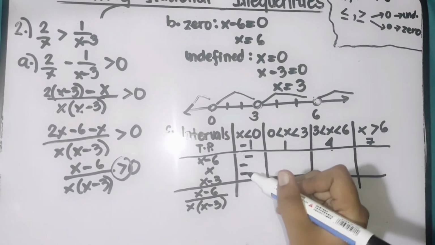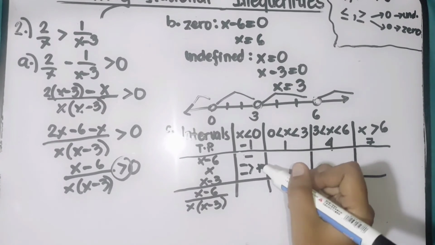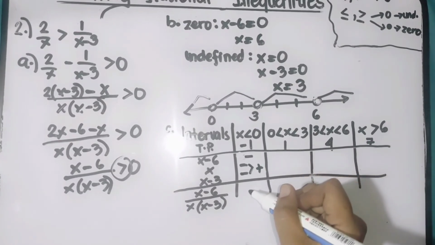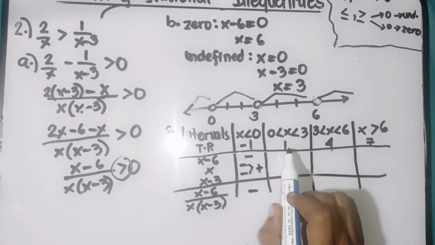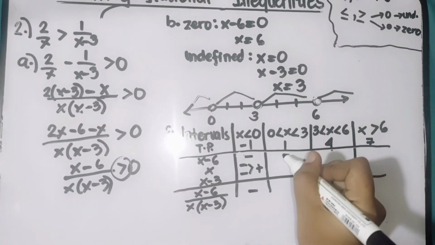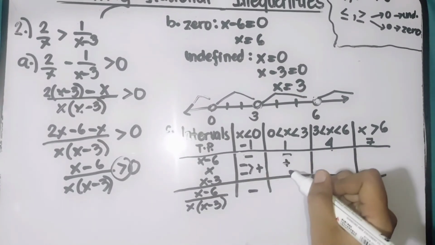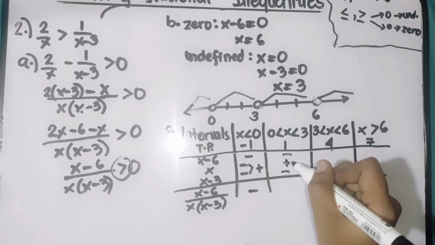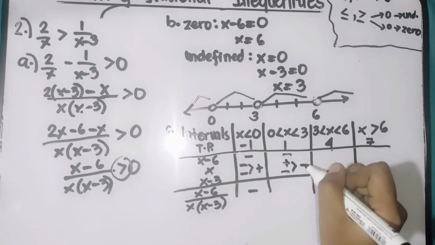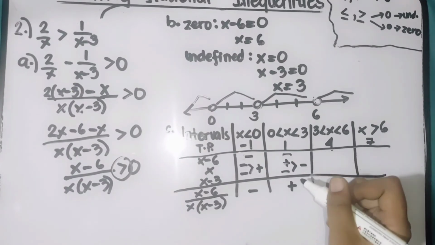Negative times negative is positive. Negative divided by positive is negative. 1 minus 6 is -5. 1 is positive. 1 minus 3 is -2. Positive times negative is negative. Negative divided by negative is positive.